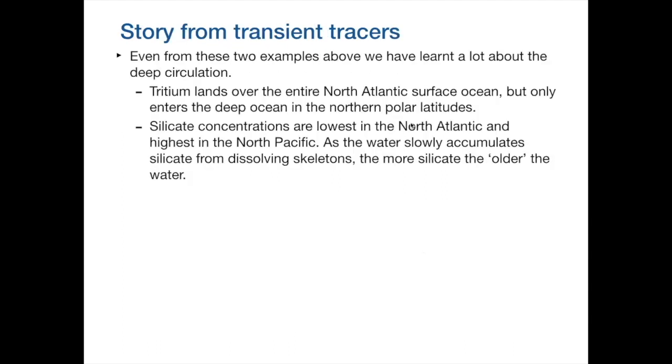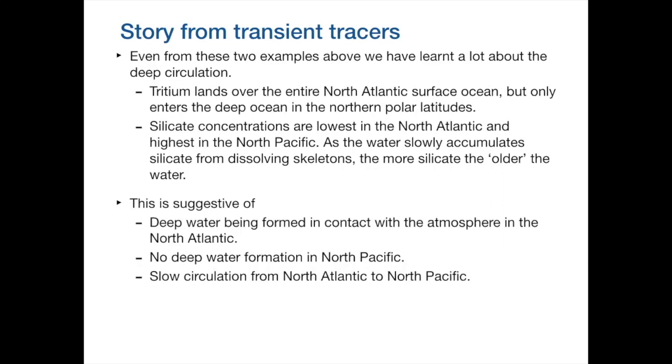Reiterating that, tritium lands over the entire North Atlantic Ocean, but is only found in the polar regions, at least initially. And silicate concentrations are lowest in the North Atlantic and highest in the North Pacific. So the silicate indicates that the water in the North Pacific is older.